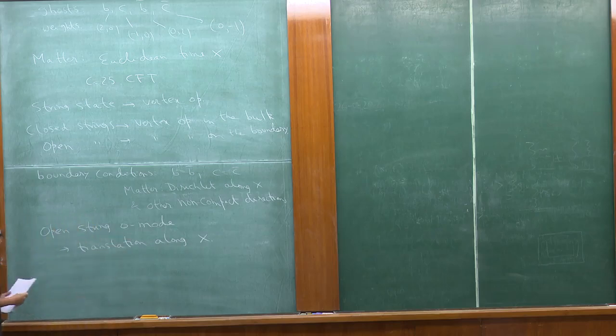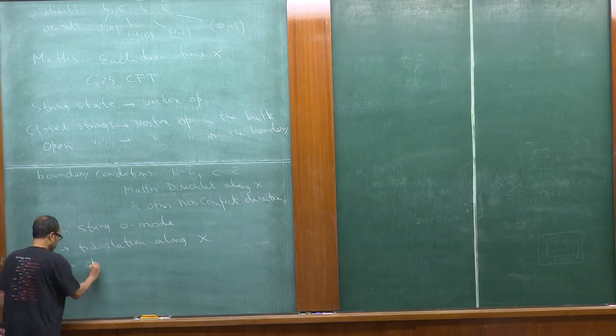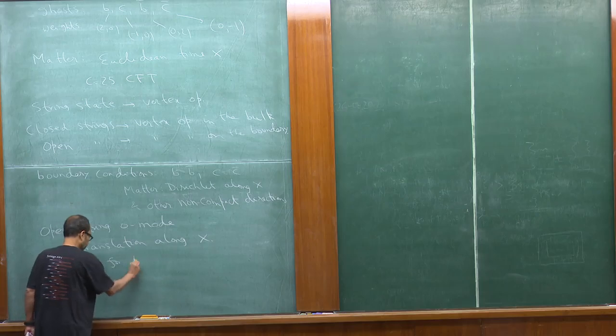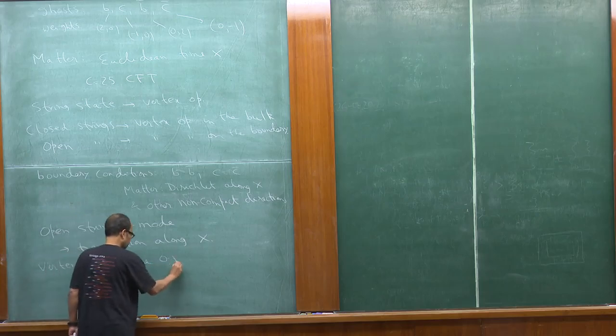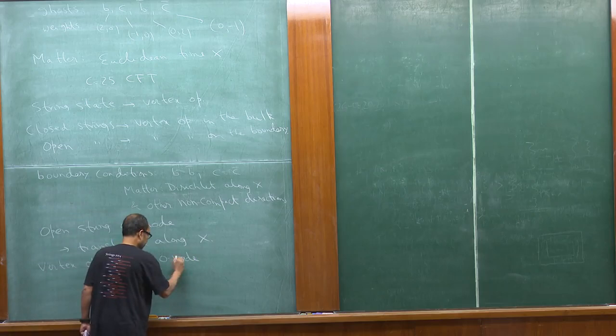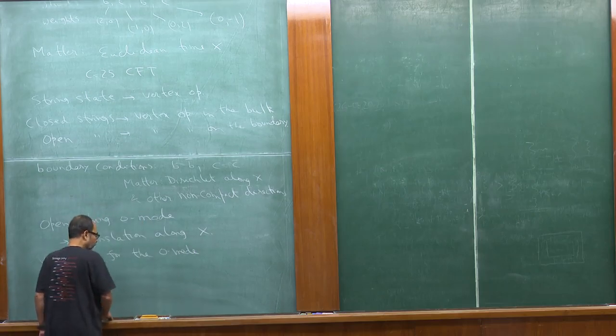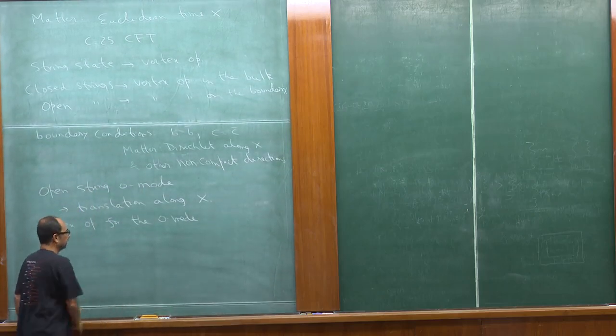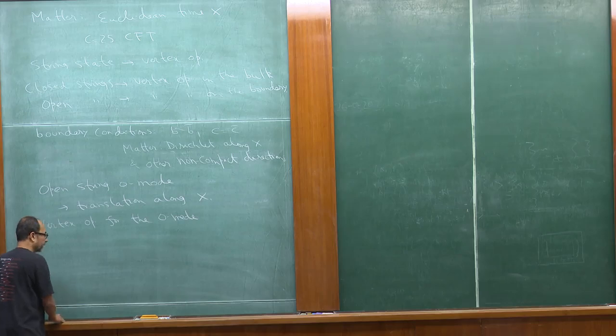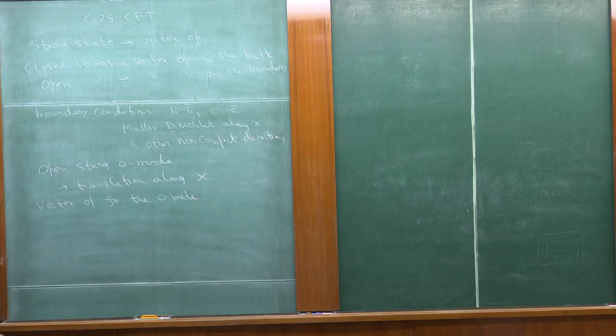Okay. So, you can ask what is the corresponding vertex operator for the zero mode. And here the answer, there are two kinds of vertex operators that we will be working with, and I will describe the significance later.